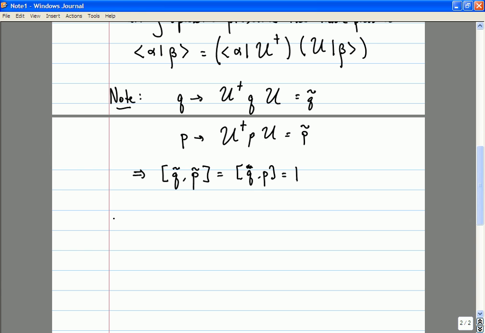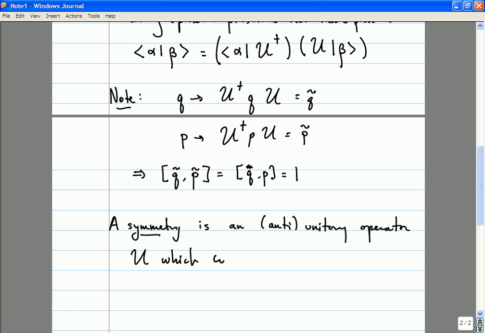And then in quantum mechanics, a symmetry is an anti-unitary or unitary operator U, which commutes with the Hamiltonian.